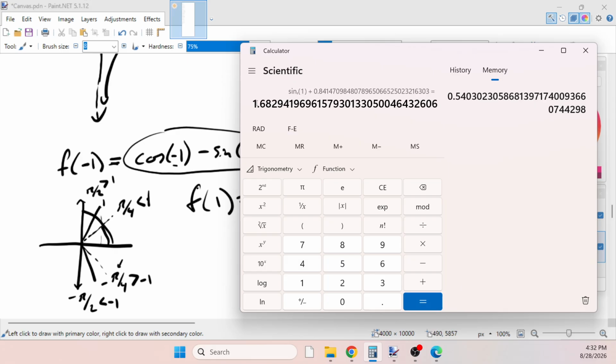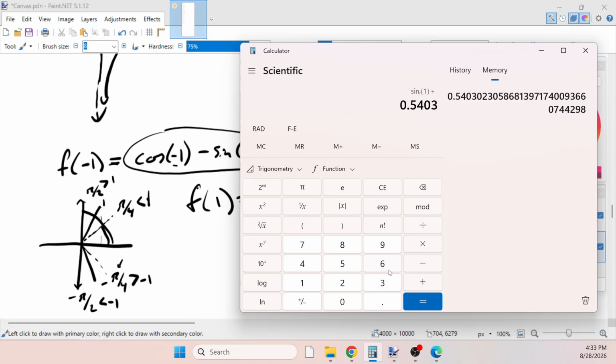I know why it says 1.86. It's because it's adding sine to itself and not adding sine to the cosine. Got it. 1 sine gives me that. I want to add it to 0.5403.